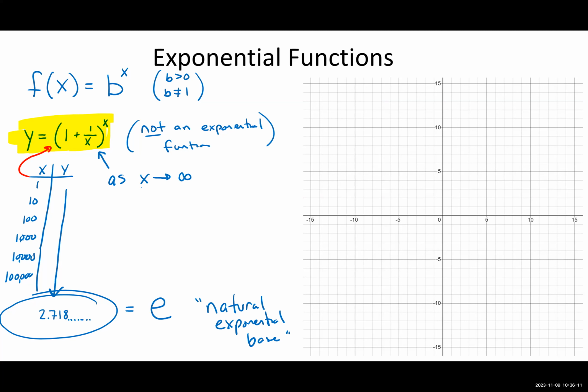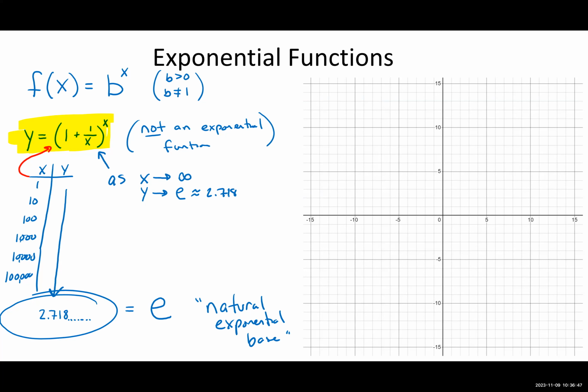As x gets really, really big, the y values get closer and closer and closer to this constant E, which is approximately 2.718. So we've just graphed 3 to the x and 1/3 to the x.